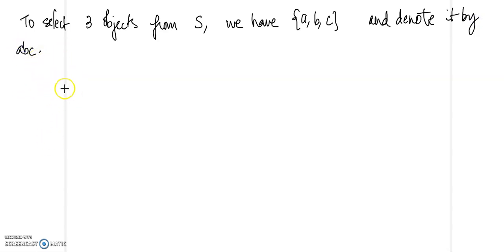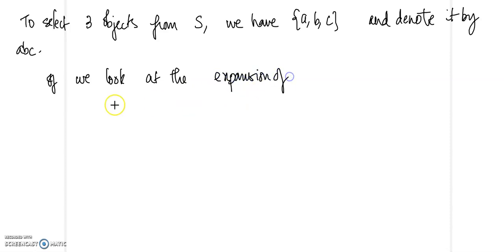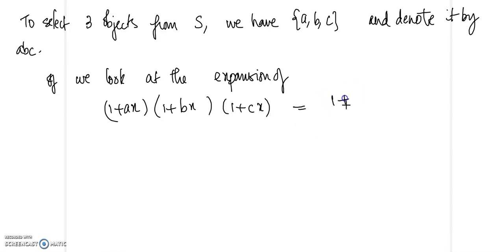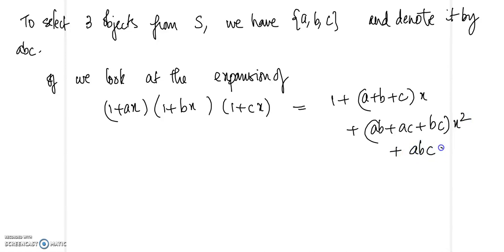And now if we look at the expansion of 1 plus AX into 1 plus BX into 1 plus CX, we are going to get the expansion in the form 1 plus, when we expand, we get 1 plus (A plus B plus C) X, then (AB plus AC plus BC) X square, plus ABC X cube.